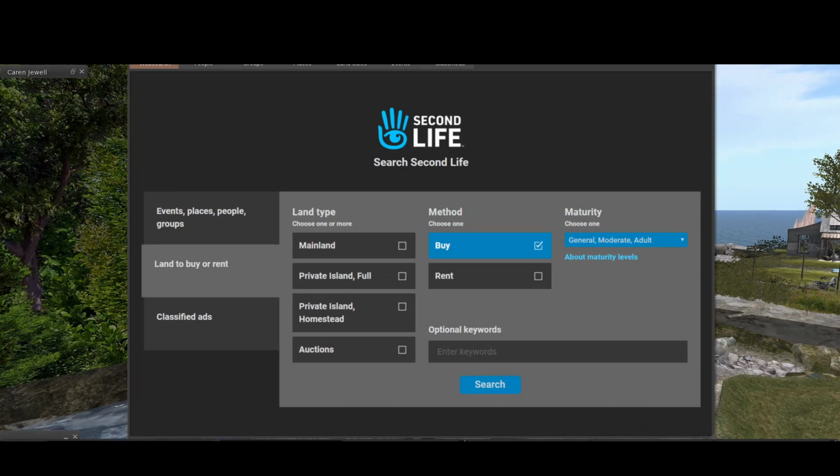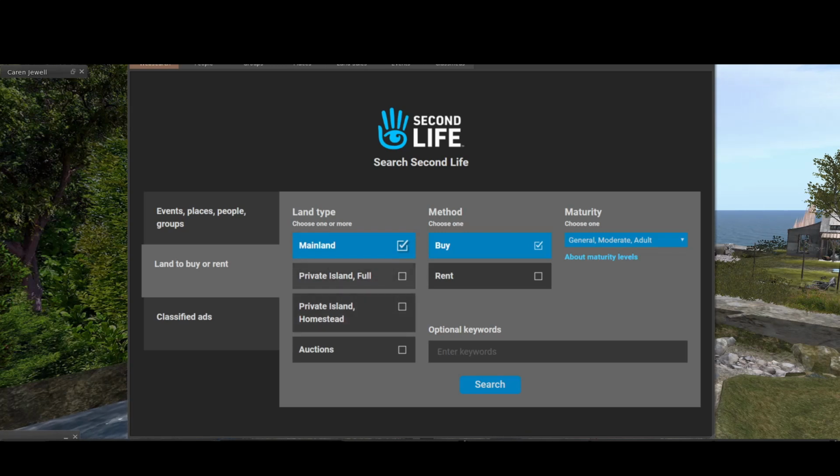All right, so we're going to check the next way of getting your hands on mainland. And that is pretty much the same thing we did before: going to our Firestorm search bar, pressing enter, and not even typing anything. Land to buy or rent. And we are going to buy mainland or private island or homestead.